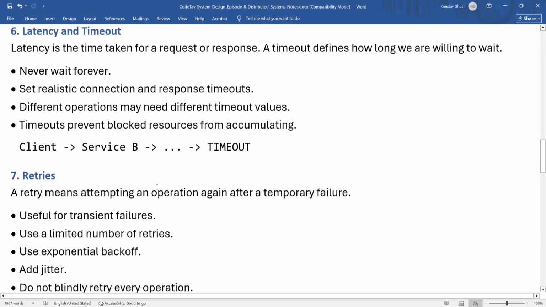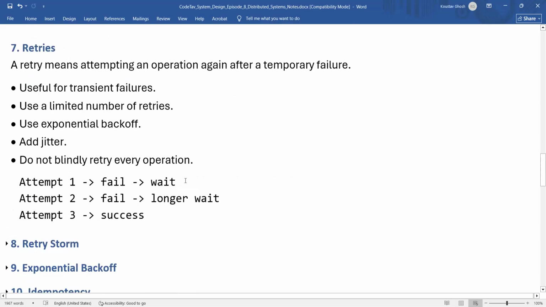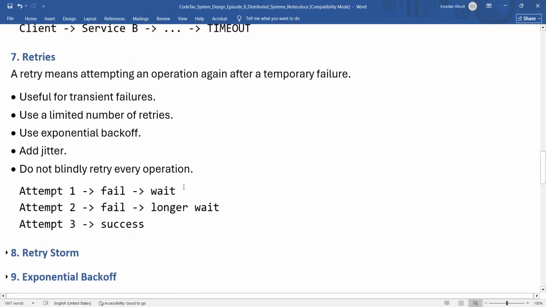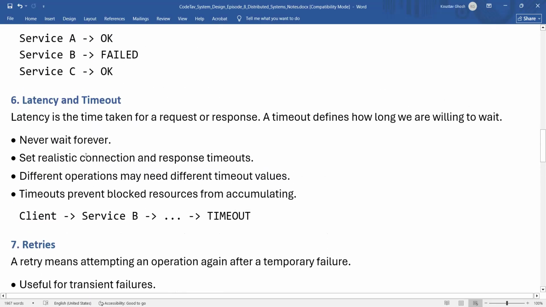Then we have the concept of retries. But before that, I also want to mention why timeout is important. Just imagine we have 1,000 requests. If every request waits 30 seconds for a slow dependency, then our application threads can become occupied.